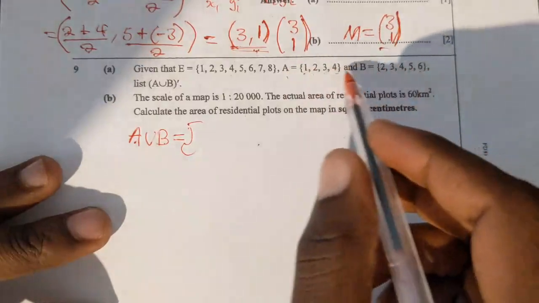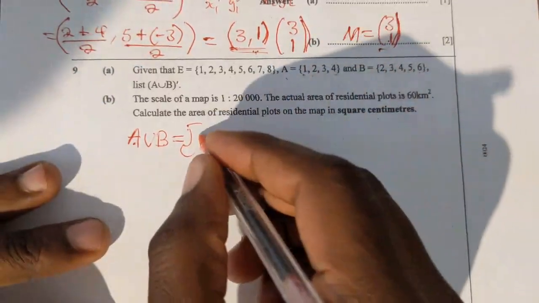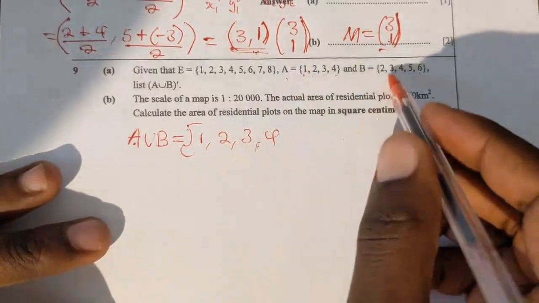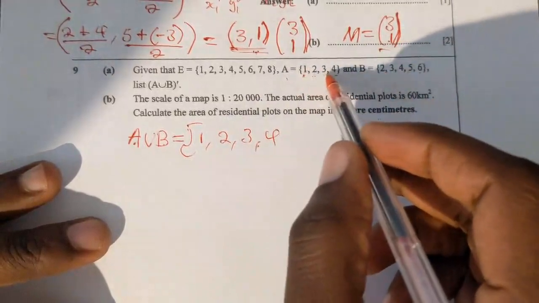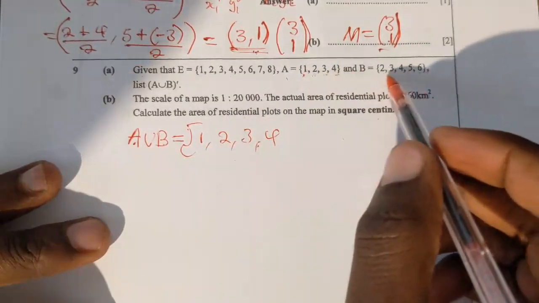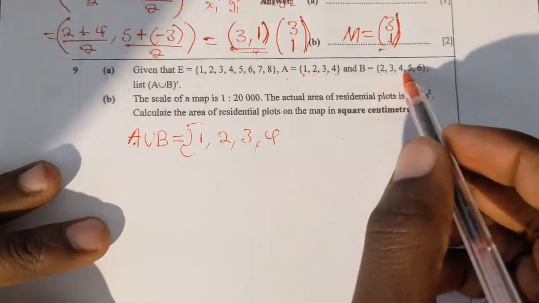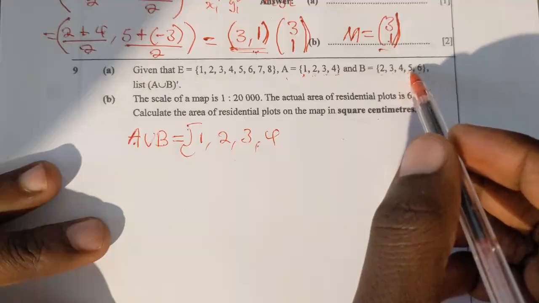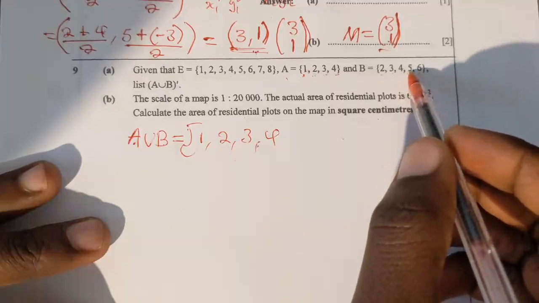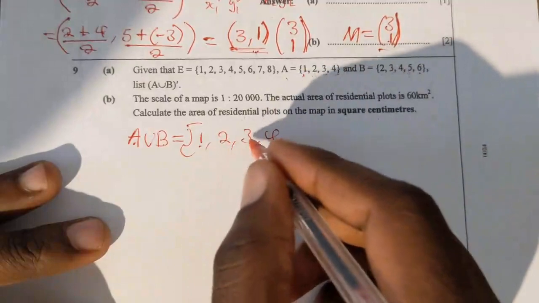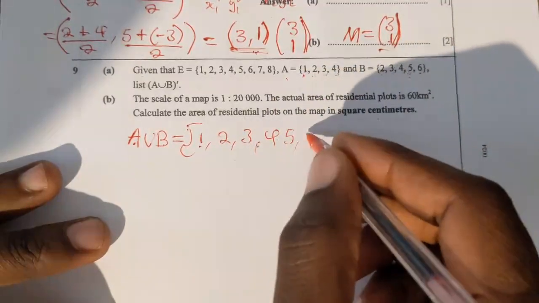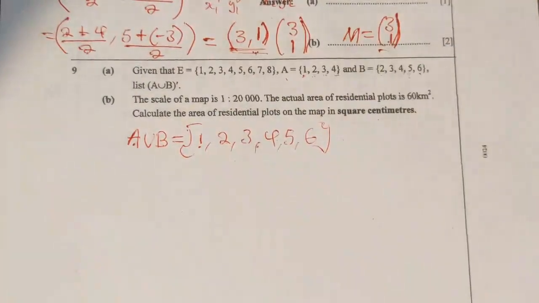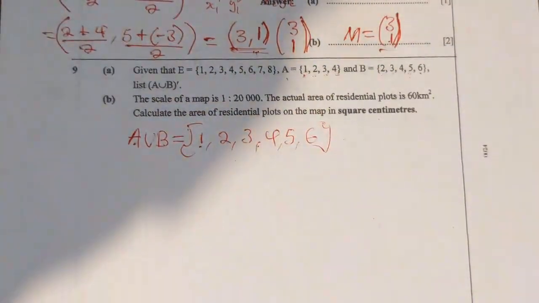You know, the numbers 2, 3, 4 are repeated. So the numbers that are remaining here are 5, 6. So 1, 2, 3, 4, 5, 6, like that. So this is A union B.